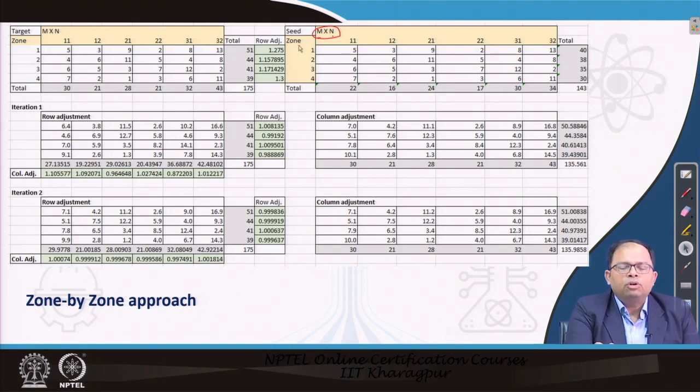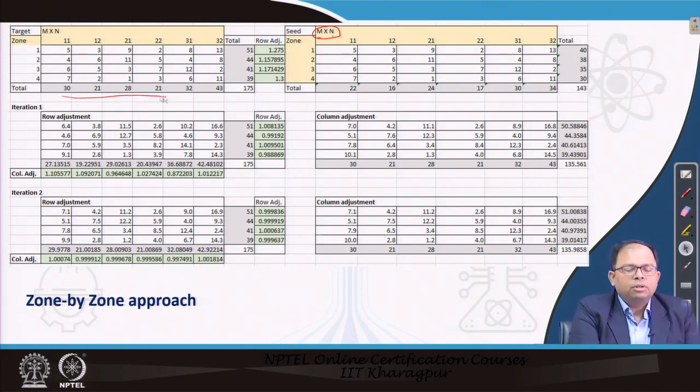As I told you, zone could also be taken as a particular category, same as number of cars, or age group. So if I have the seed data for each of these zones, using the same IPF procedure we can estimate total data in my target zone.